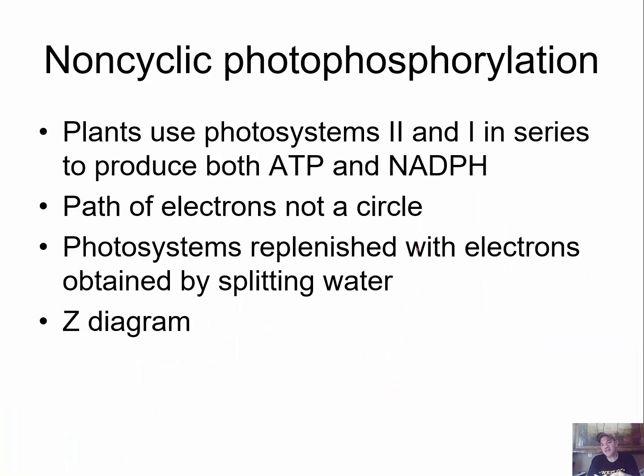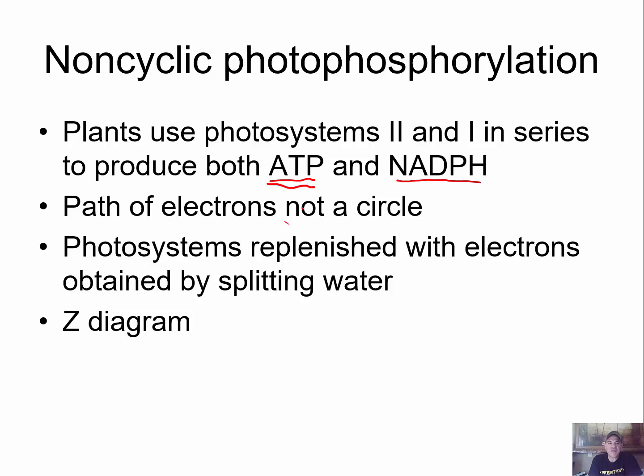So in this non-cyclic type of phosphorylation, we take an inorganic phosphate and phosphorylate adenosine diphosphate to make our ATP. What we've seen is how the ATP is produced by increasing the concentration of protons in the thylakoid, and we're also going to end up producing NADPH in this process.